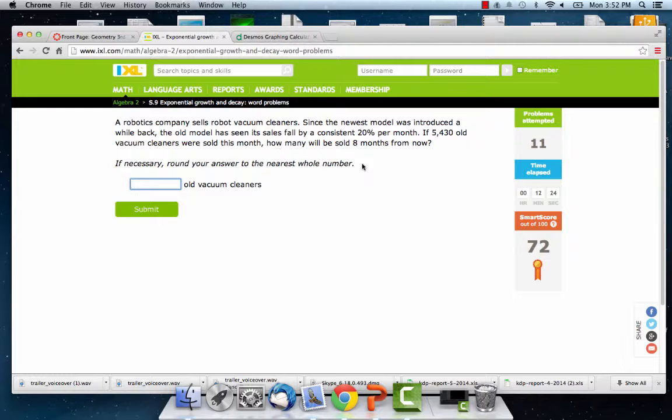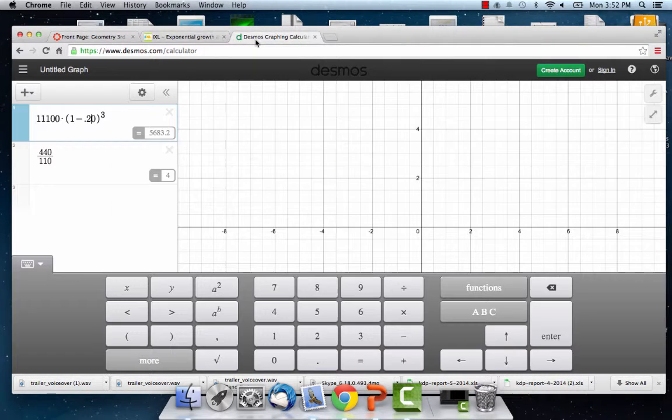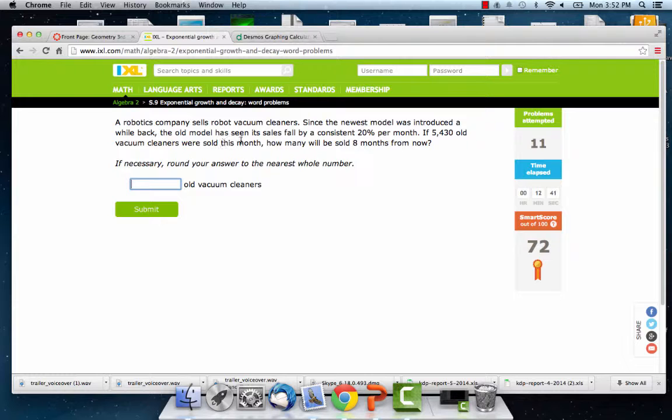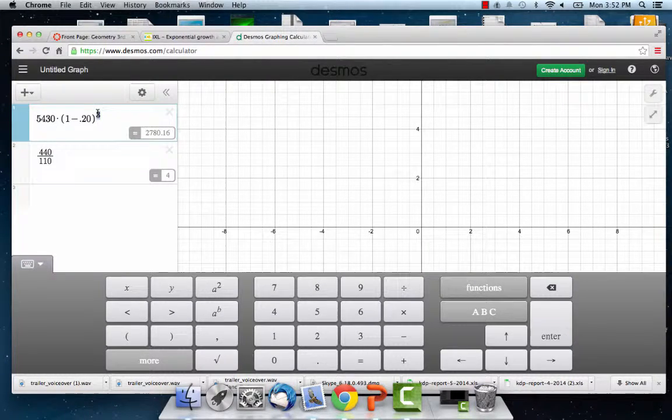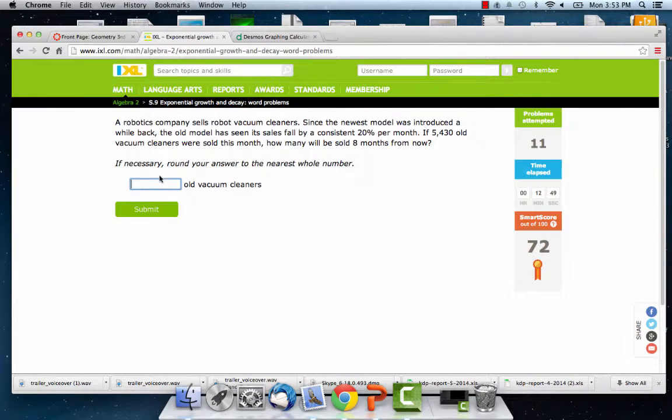Remember, you move the decimal twice, so from the 20 you go 1, 2 over there, so it's next to the 2. If 5,430 were sold this month, how many will be sold 8 months from now? It's like 911, because we can't sell parts of a vacuum cleaner.